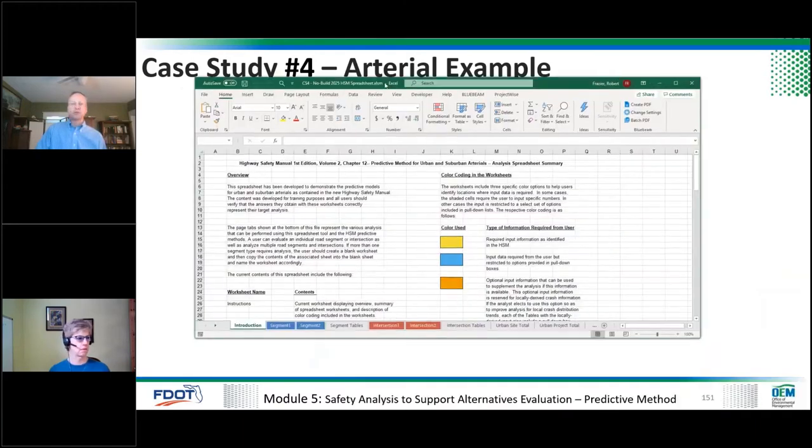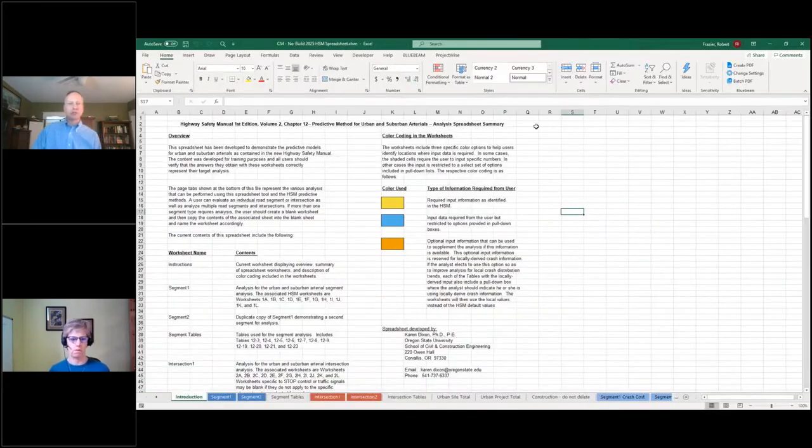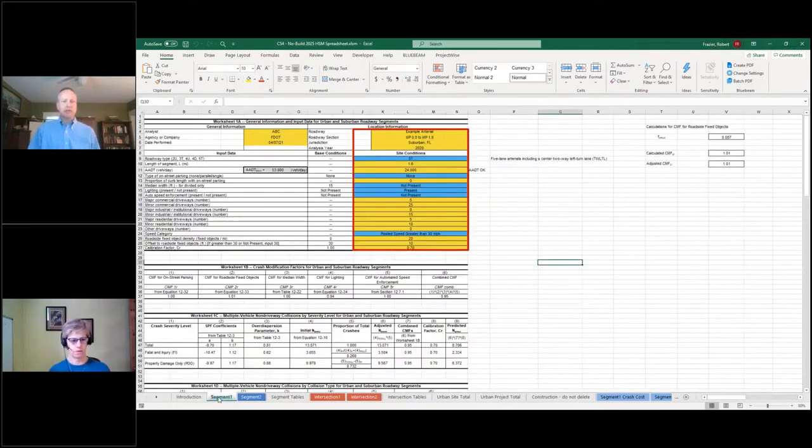All right, the no build sheet looks like this, with the introduction tab on the far left, and then segment 1. The red box is not normally there. I drew that just to draw your attention to the fact that the data has been input into this sheet already for segment number 1.